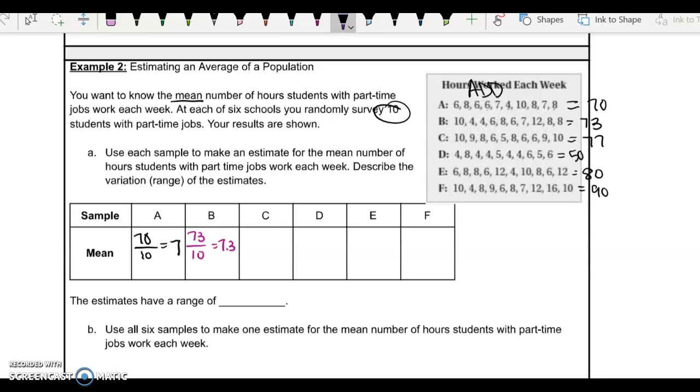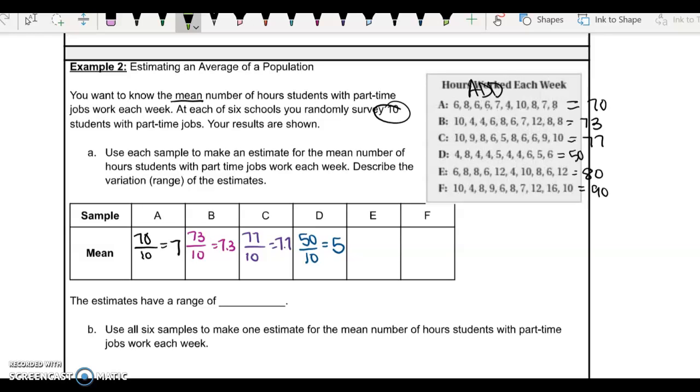For school C, we had 77. 77 divided by 10 gives us 7.7. So school C, on average, they were working about 7.7 hours per week. School D, we said 50. So 50 divided by 10 gives us 5 hours per week.